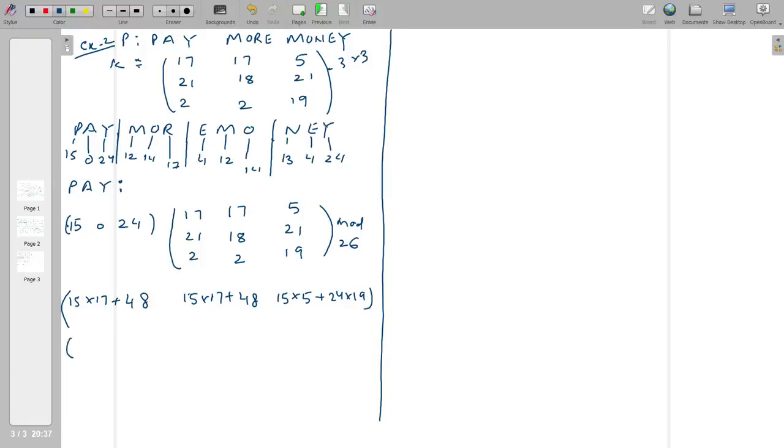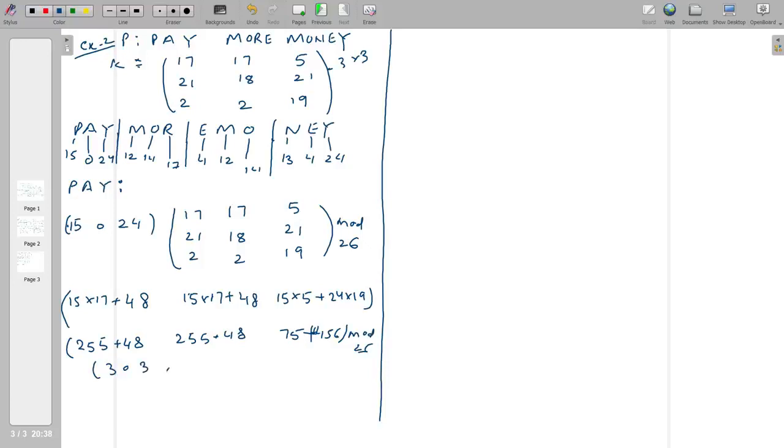Now 15 into 17 is equal to 255. 255 plus 48 is 303.